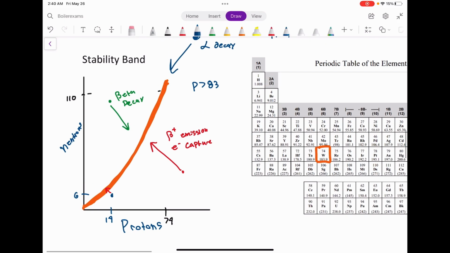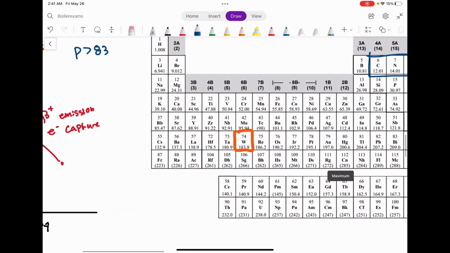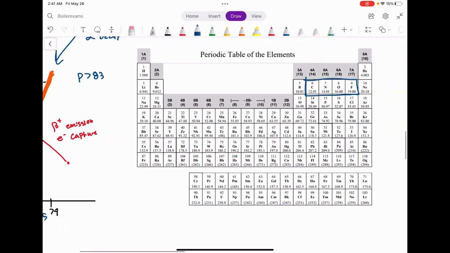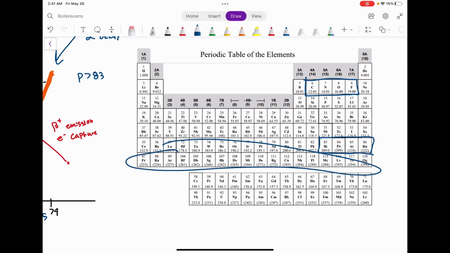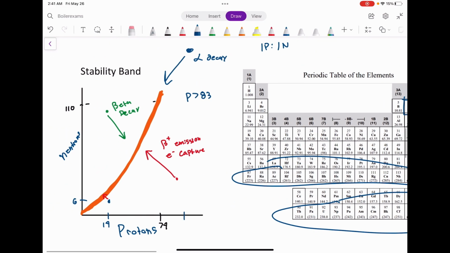Now we know for alpha decay, it's anything with greater than 83 protons. So if we look at our periodic table, that is any element starting right here. We have this whole row and this whole row. So let's say we have, where is it? I think U is uranium. We're at uranium, which is 92, and it has a 238 for its mass number.